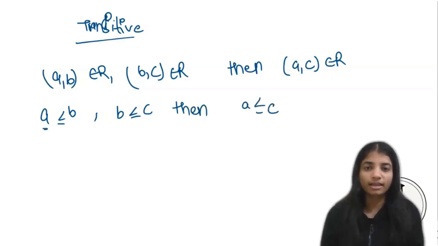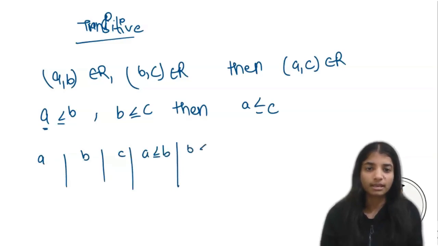So here, let's say a, b, c, this is the condition, a ≤ b, b ≤ c, and then a ≤ c.